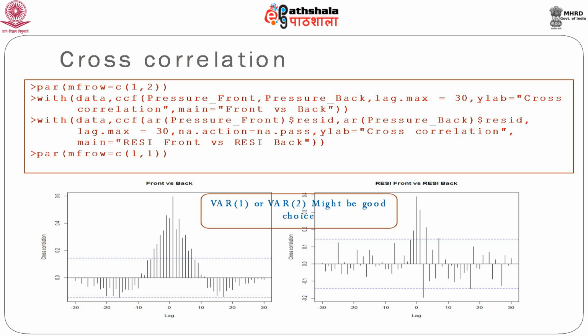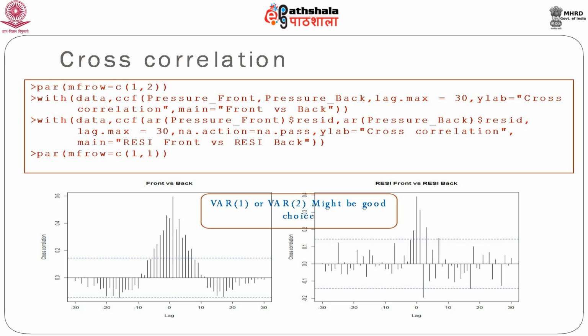The syntax here is x comma y, the first variable, second variable, and then lag, the maximum lag that you want to look for. I set 30 here, ylab equals cross correlation, and main as the title of the plot, front versus back.